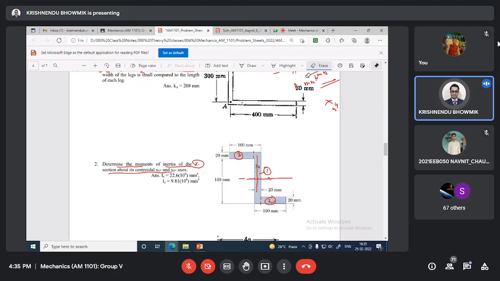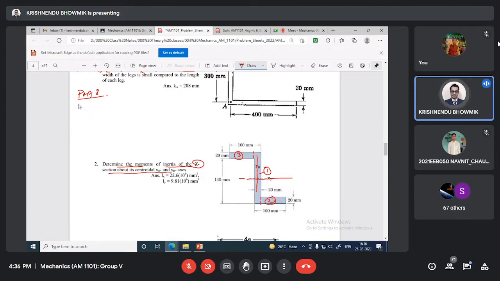Maybe we can ask 4, 5, 6 questions, and one question will be compulsory. That will be moment of inertia. No escape. So for this problem, part 1 is passing through the centroid itself, so we don't need to use the parallel axis theorem.